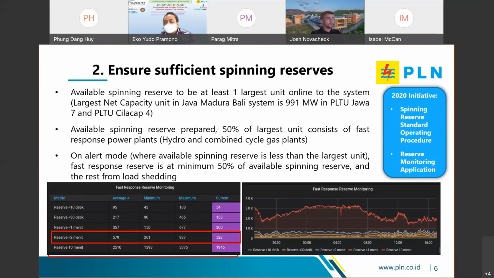We prepare an available spinning reserve of 50% of the largest unit, consisting of fast response power plants from hydro and combined cycle gas plants. In the other mode, where the available spinning reserve is less than the largest unit, the fast response is a minimum 50% spinning reserve and the rest is load shedding.